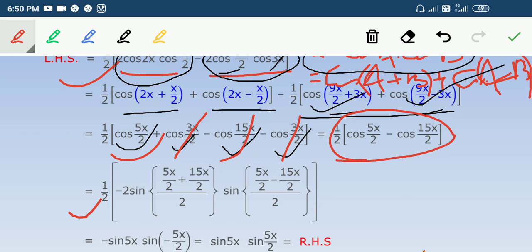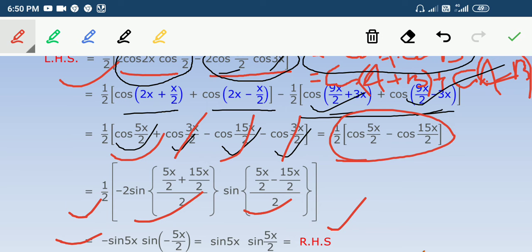We have studied that cos C minus cos D equals minus 2 sin C plus D by 2 into sin C minus D by 2. So on the same formula we have written this one and this one, and finally we got this. Minus minus will be cancelled, and sin 5x into sin 5x by 2 will be the result. That is our RHS. So this way we can prove it.